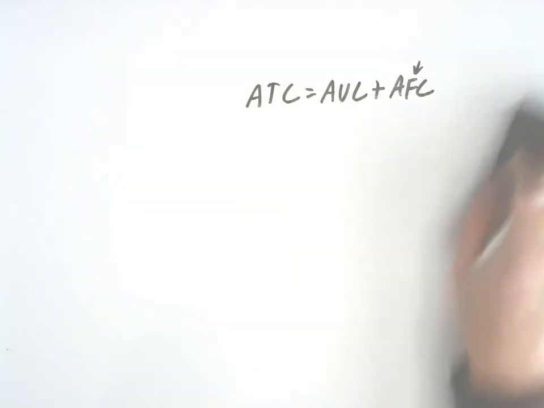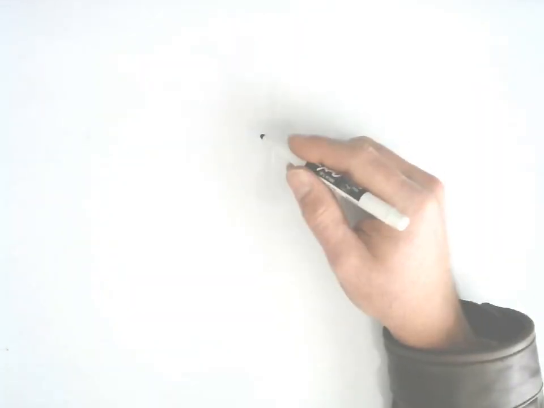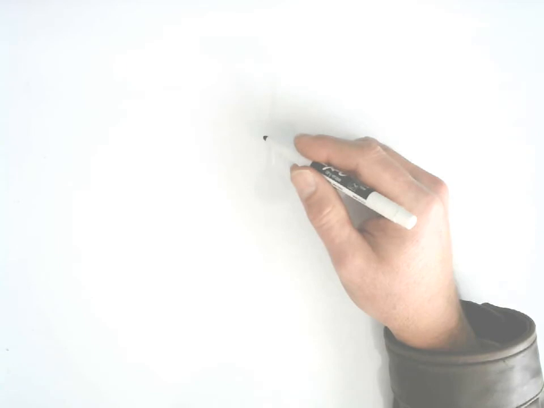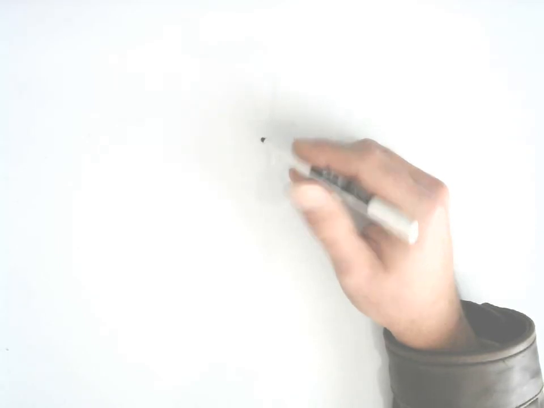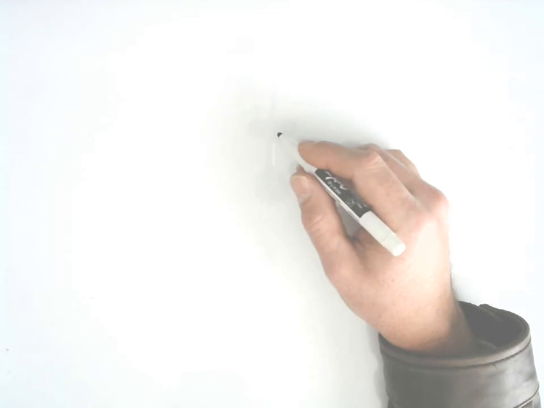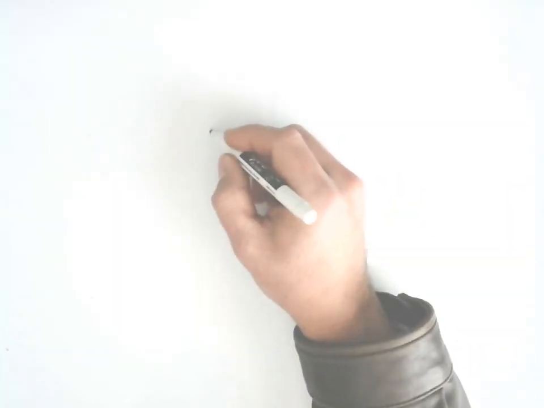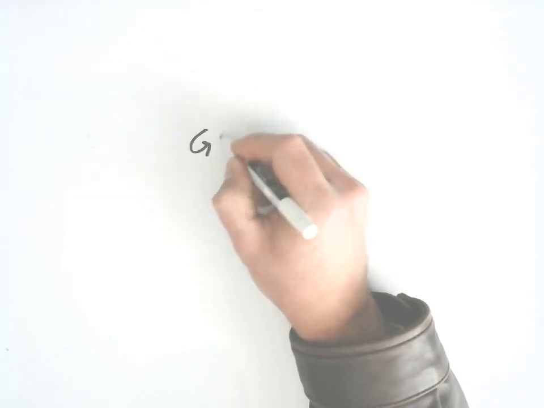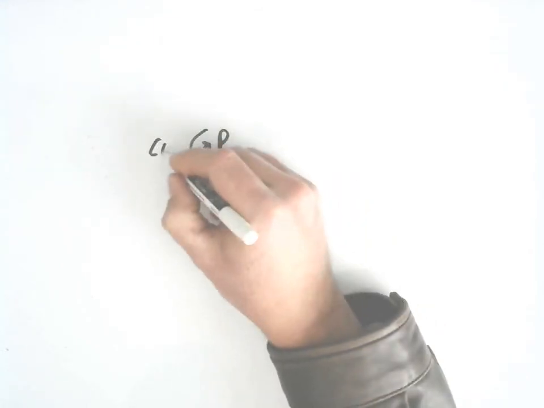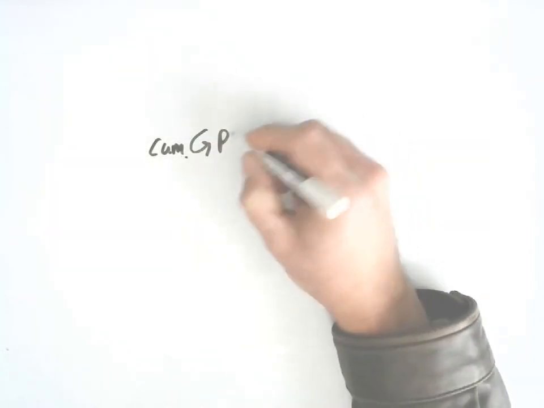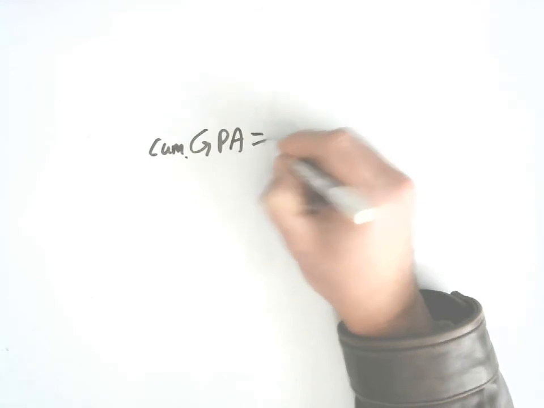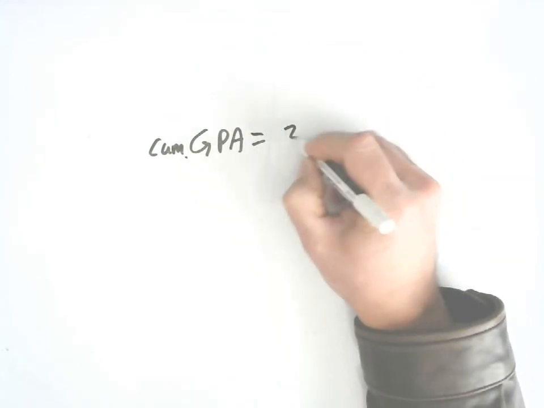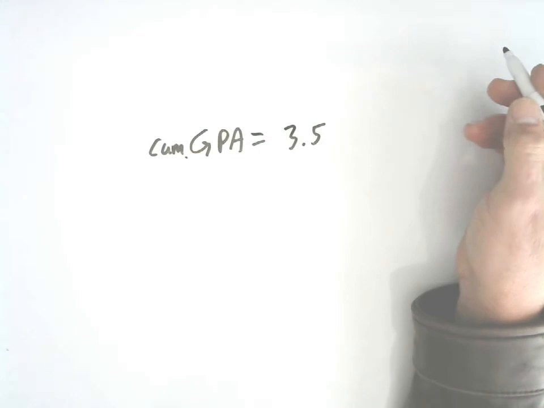Now, what does average variable cost look like? At this point, we can directly connect average variable cost with marginal cost, and we can do it this way. Think about it like this. You've been to college for 2.5 years now, so for 5 semesters, and you have a cumulative GPA equal to a 3.5.